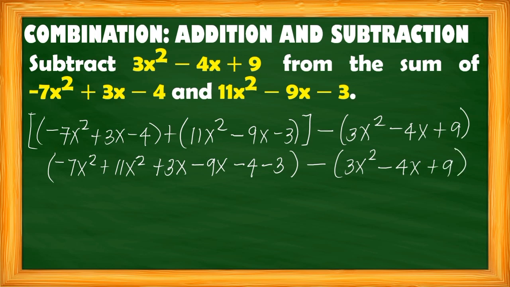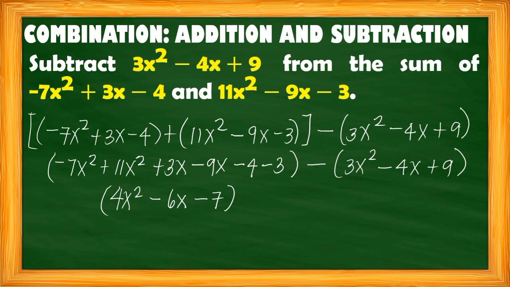And then, ipo-perform muna natin yung operation dun sa unang naka-parenthesis, yung magsisilbing minuend. So, negative 7x squared plus 11x squared, that is 4x squared. And then, 3x minus 9x, that is negative 6x. Negative 4 minus 3, that is negative 7.